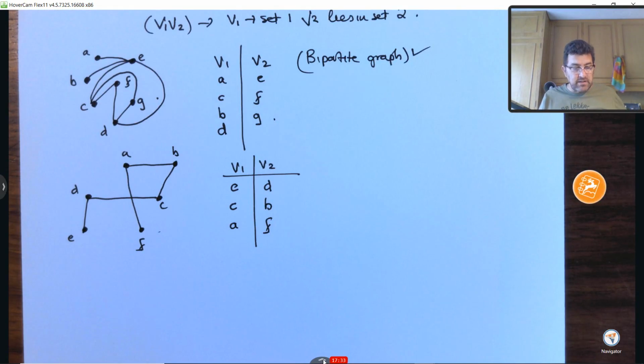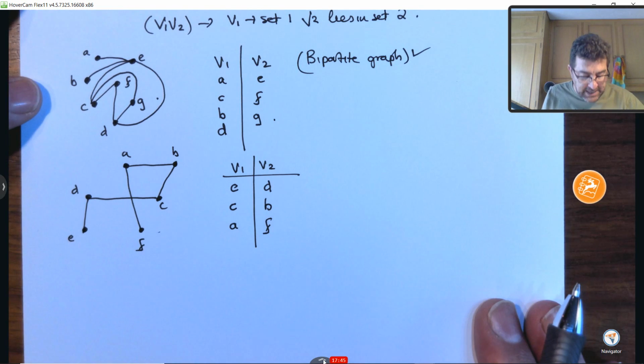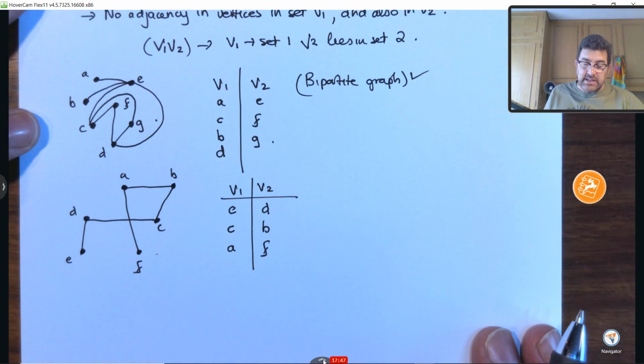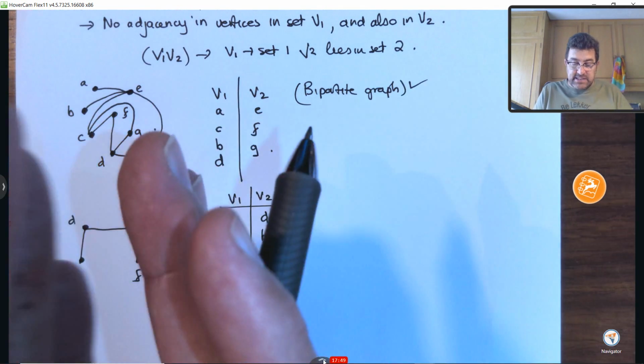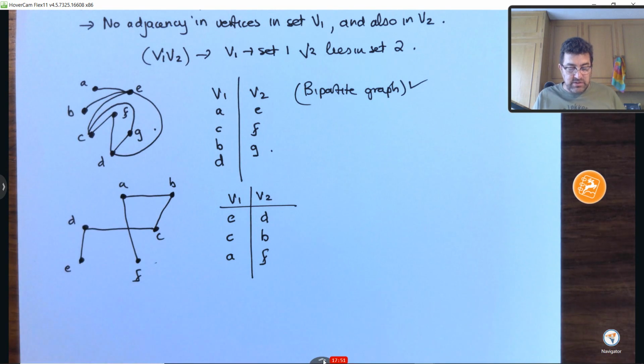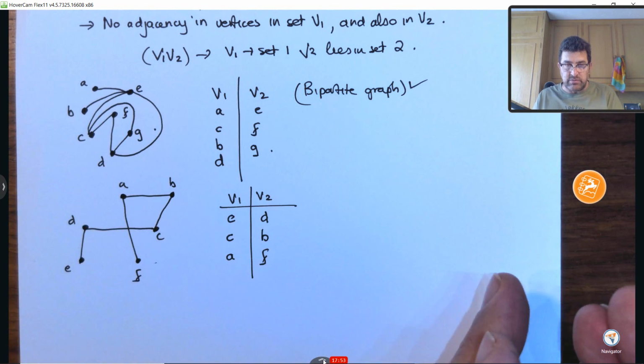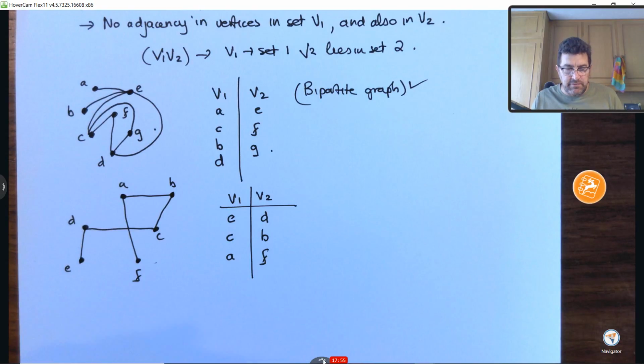So I think that helps you think about the object that we're using and what it looks like when a graph is bipartite. So the definition for bipartite again is, it is bipartite if we can split the vertices into two distinct sets, V1 and V2. We can call them VA and VB if we want to, it doesn't matter.